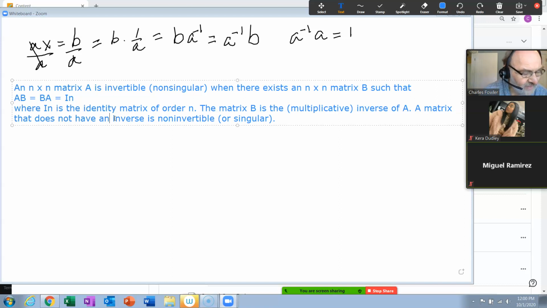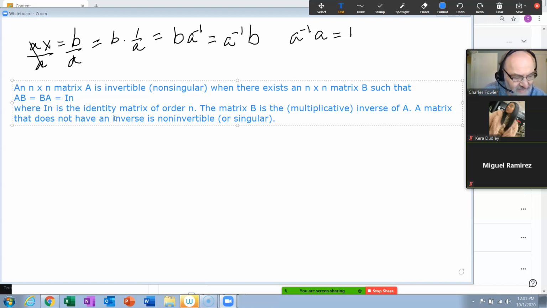Now, a regular rectangular matrix like that 3 by 2 or the 2 by 3 we were dealing with before can't possibly have an inverse, because matrices with inverses have to be square. So if it's not a square matrix, hang it up. There is no inverse. Don't even try.